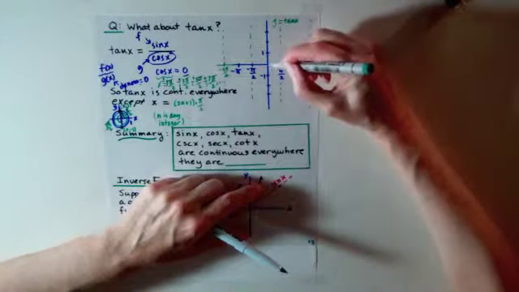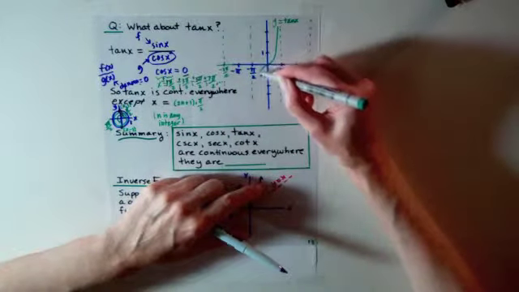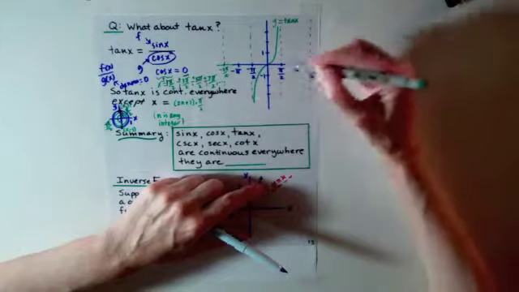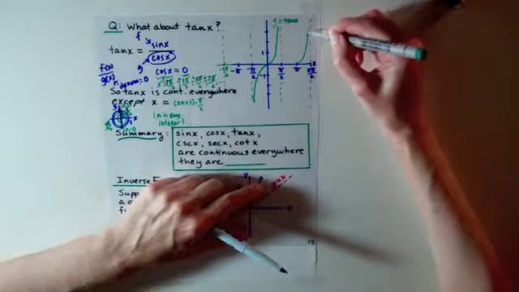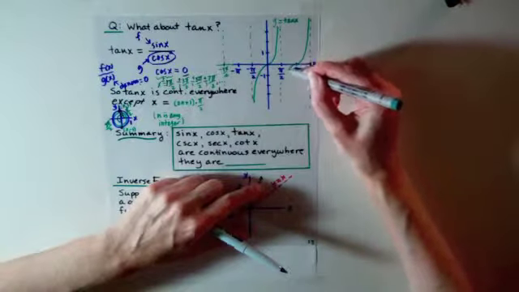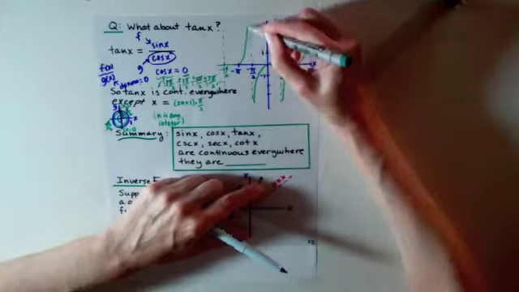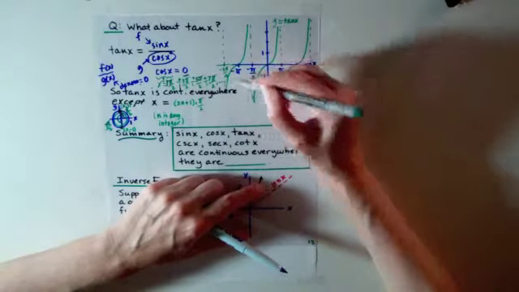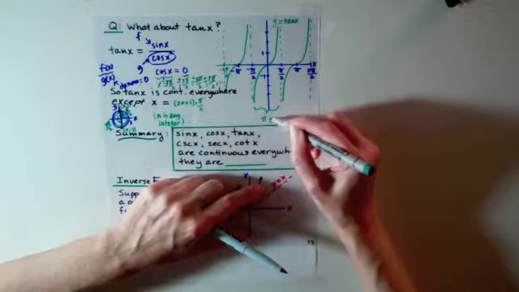You might remember the graph of tangent x looks something like this, and gets closer and closer to these vertical lines that I've drawn dotted in green, which are the vertical asymptotes of the tangent graph. And the tangent graph just keeps repeating in a period of pi units.